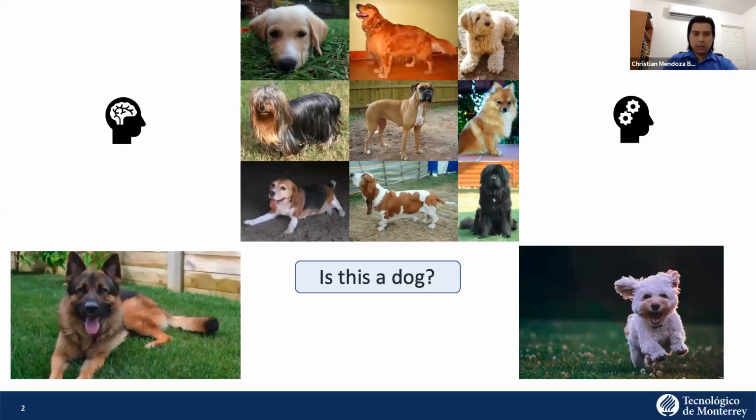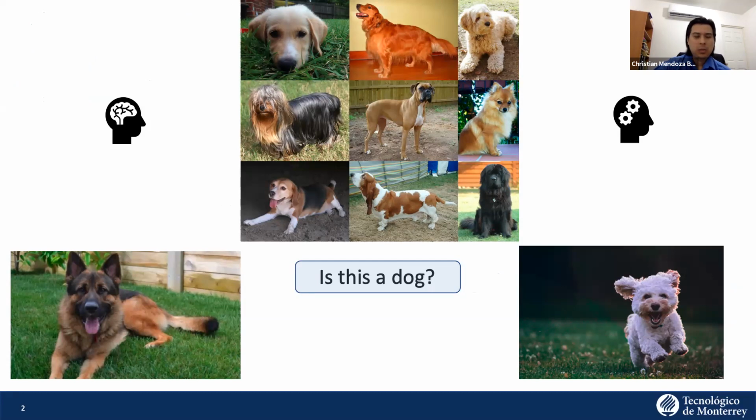So let me start with the following. And this is just something quite simple. If I know for sure that if I ask anyone about this question, is this a dog in the images that I'm showing here, everybody will agree that those are indeed dogs.